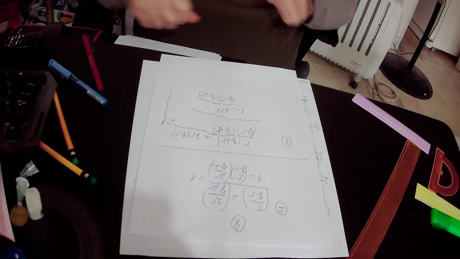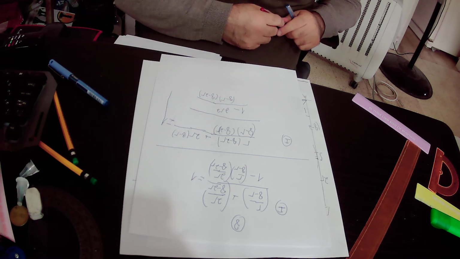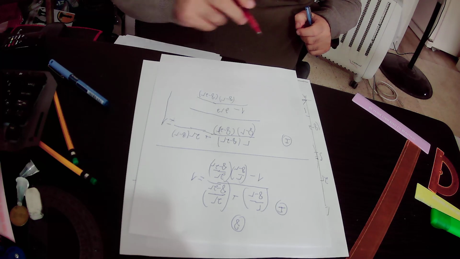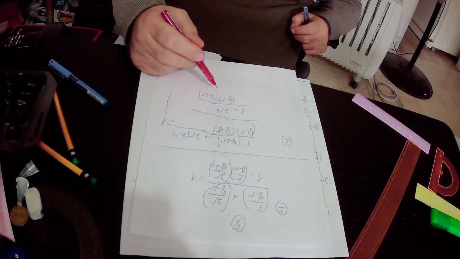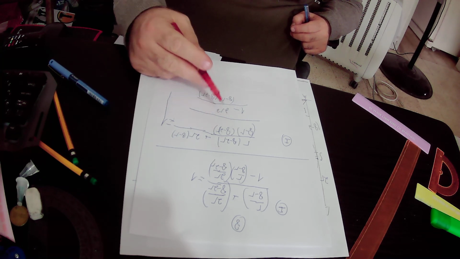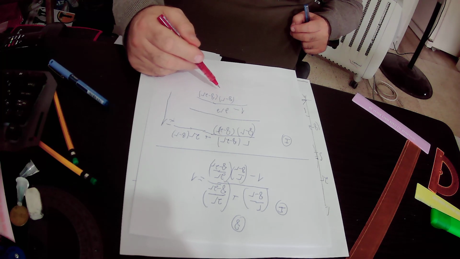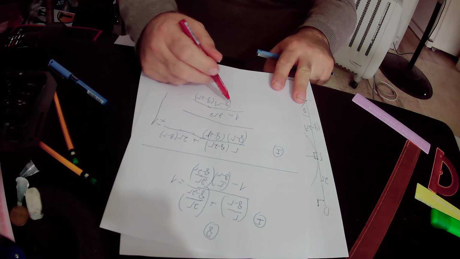So actually here we have 8 minus R times 8 minus 2R, and we have 8 minus R times 8 minus 2R. So if we move this expression to the numerator, then this expression will get cancelled with this expression, so we can cancel it right now.